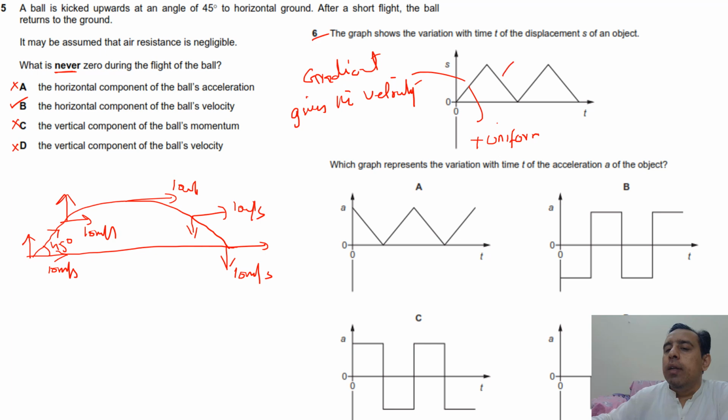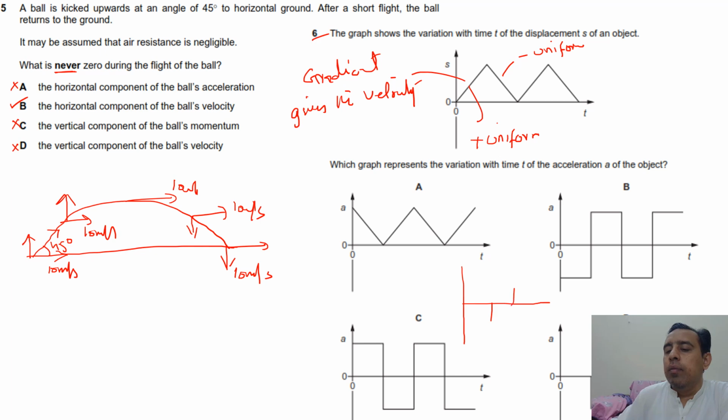Here the slope is negative and uniform. It means the velocity is uniform, and if the velocity is uniform, it means there is no acceleration. So option D is like this one.